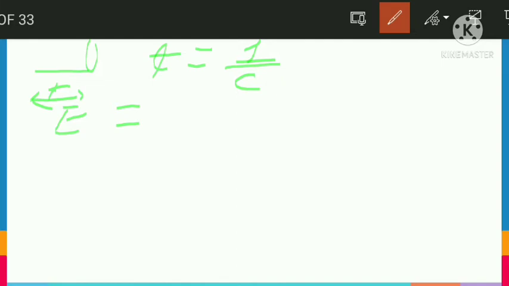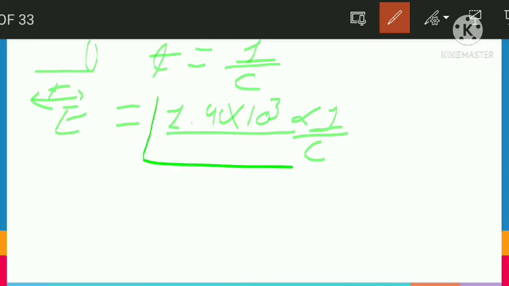So our power will become 1.4 into 10 to the power 3, multiplied by 1 by C. This is the total energy contained in 1 cubic meter.